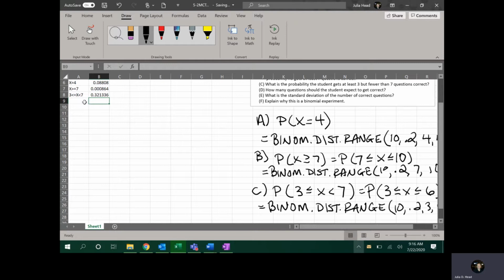So that's the great binom.dist.range command. I'm going to leave 2 spaces for the mean and the standard deviation that are coming up.